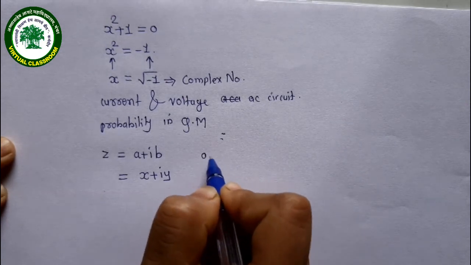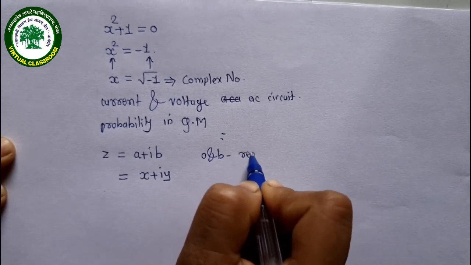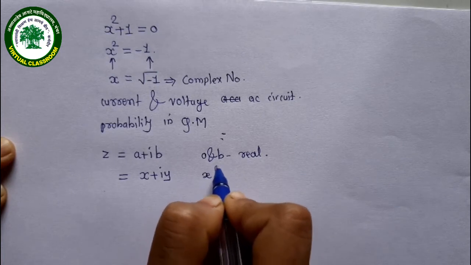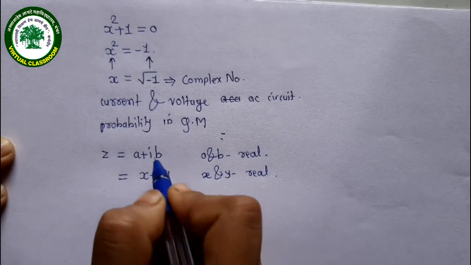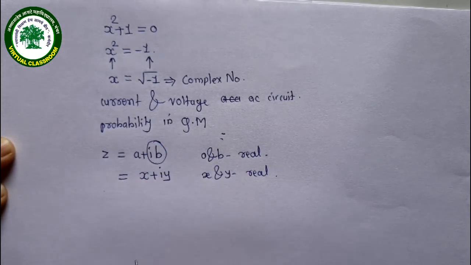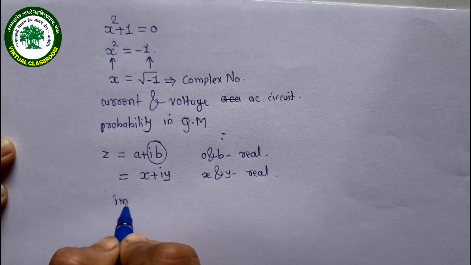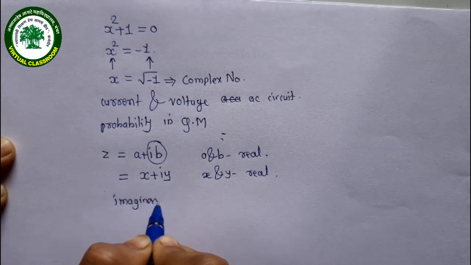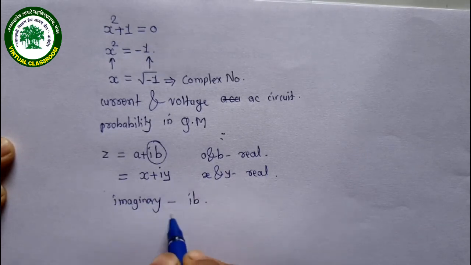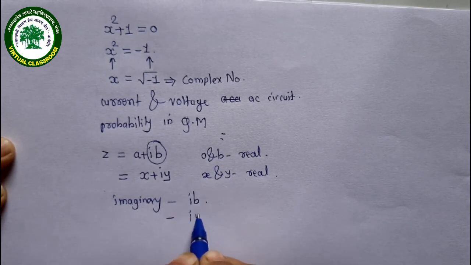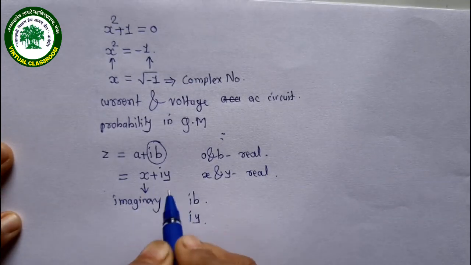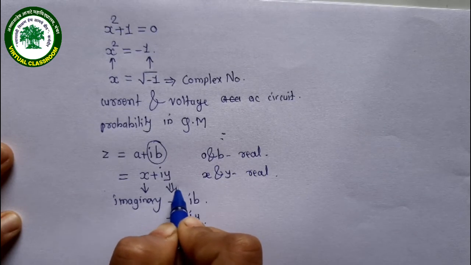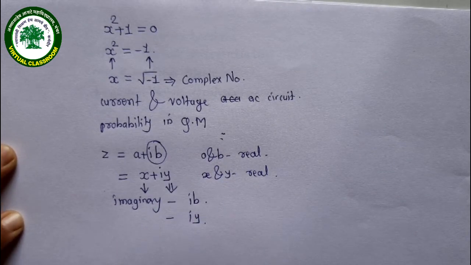Here A and B both are real numbers. Similarly, X as well as Y are both real numbers. But this iB is said to be an imaginary number. Similarly, in the second, iY is our imaginary number. So the real number is X and the imaginary number, henceforth we will call the coefficient of i, that is Y.